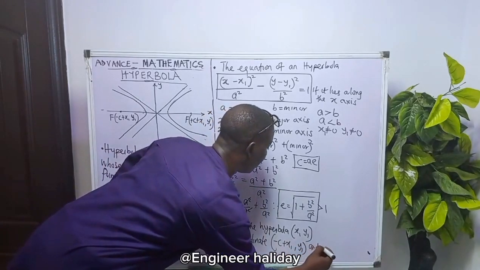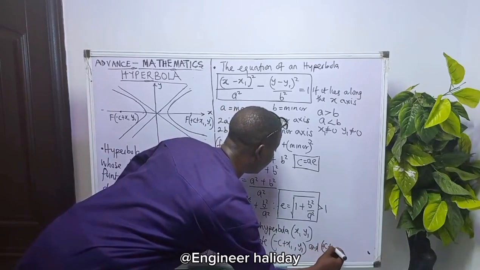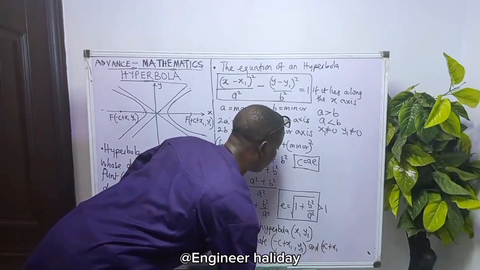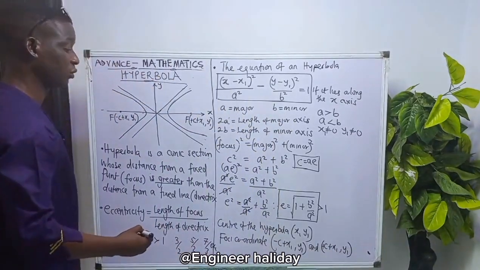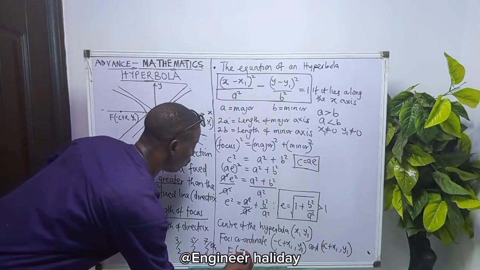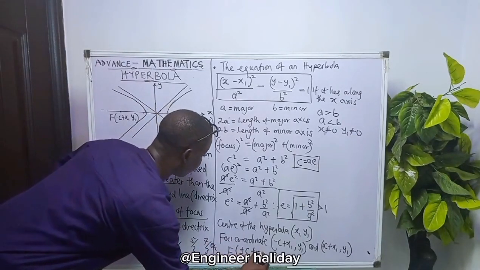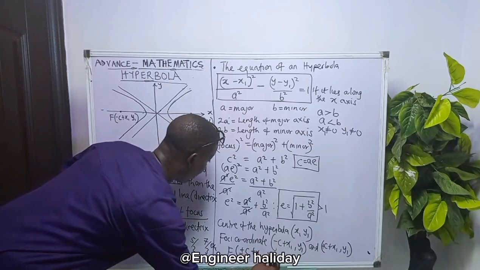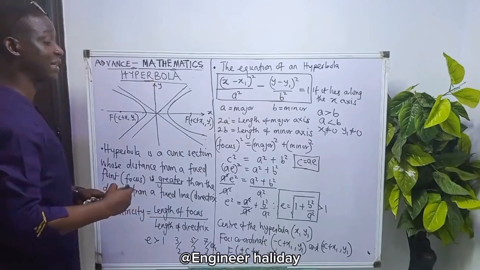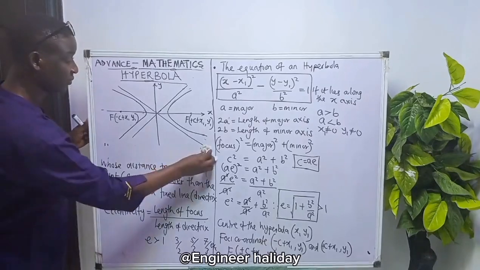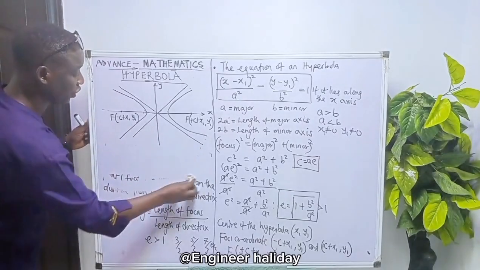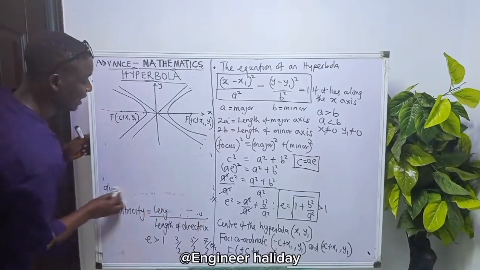Sometimes we can write it as F equals plus or minus c plus x1 comma y1. So we can write it like that. That is the coordinate of the focus. Now we go to the coordinate of the vertex.